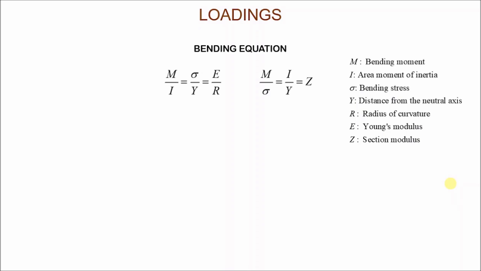Now, let us look at loadings, but before we do, I will remind you that when you deal with a problem on beams, it's going to be a cantilever beam or it will be a simply supported beam. So when we deal with cantilevers, the first type of loading that you can have on a cantilever beam is one where you have a point load acting at the end of the beam, the free end of the beam, to be more specific.